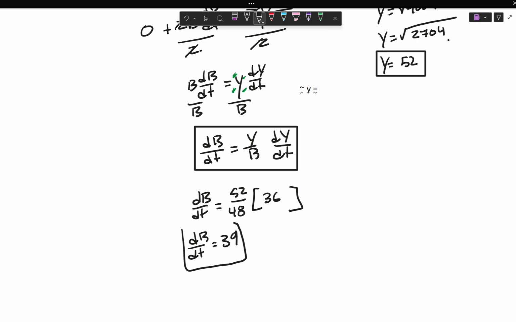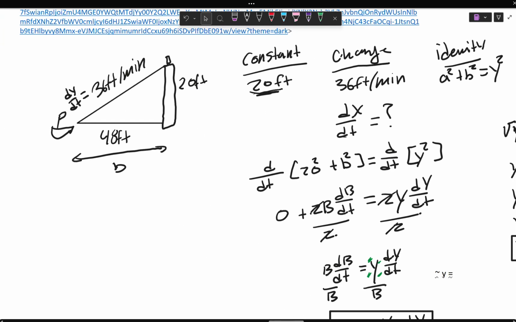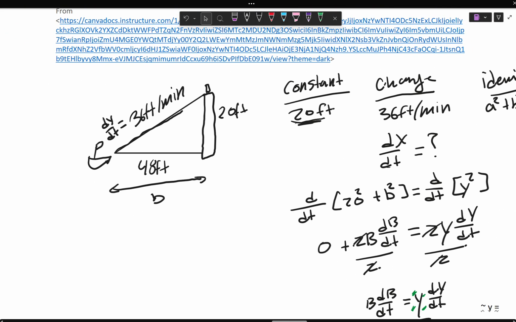Okay, but we're being pulled inwards. The boat is getting pulled by the pier, so we're not going forward, we're actually going backwards.